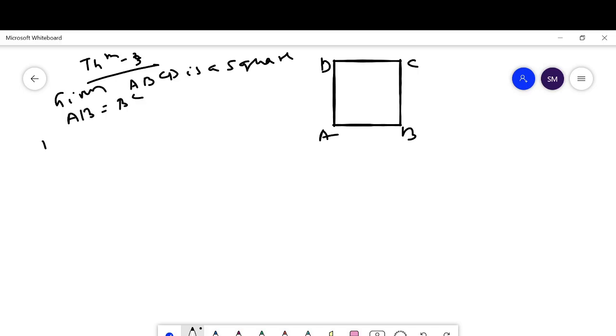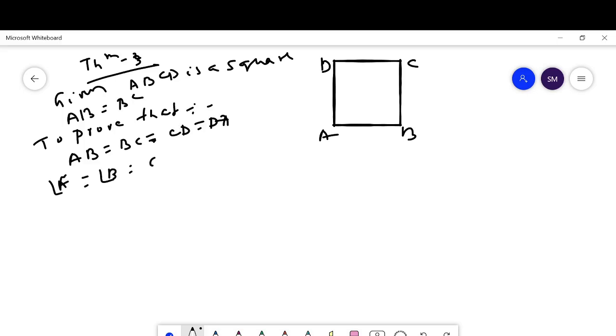Then to prove that AB is equal to BC is equal to CD is equal to DA, and angle A is equal to angle B is equal to angle C is equal to angle D is 90 degrees. Proof.